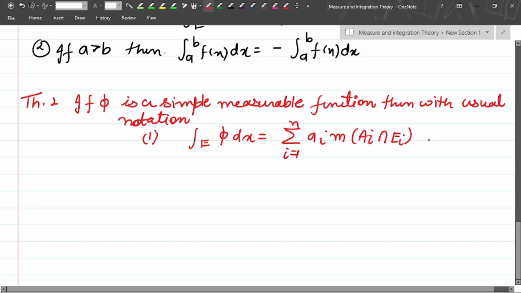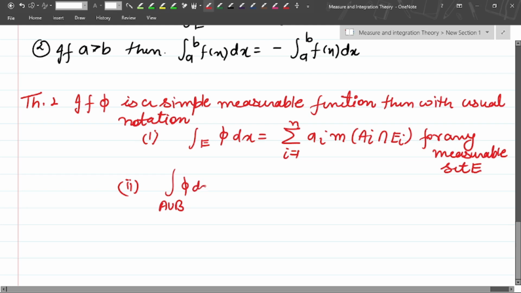This is for any measurable set E, where E is any measurable set. The next result is that the integration over A union B of phi dx is equal to the integral over A of phi dx plus the integral over B of phi dx.